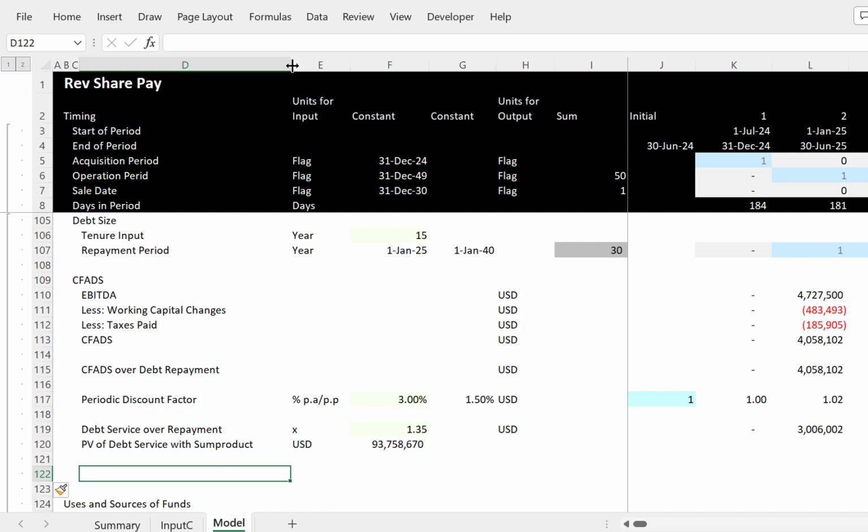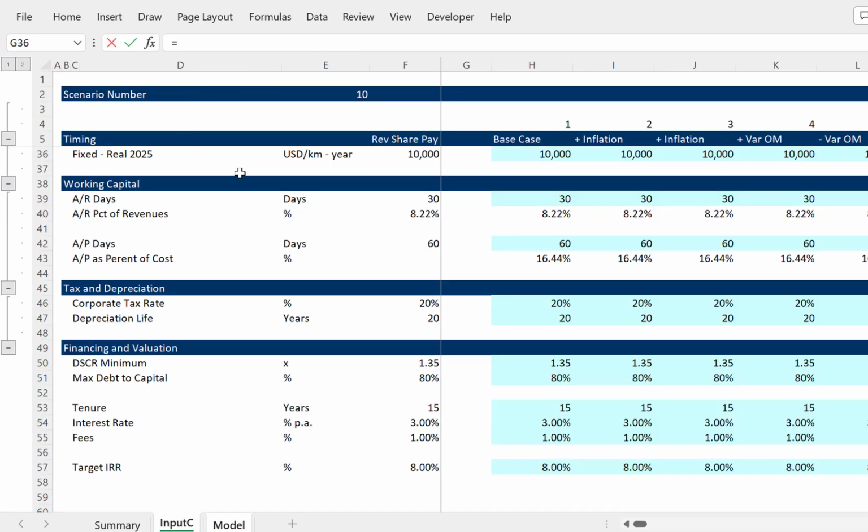Mini perm. Let's look at the haircuts. And then let's put maximum debt to capital. Okay, and that's of course just an input. I say of course.